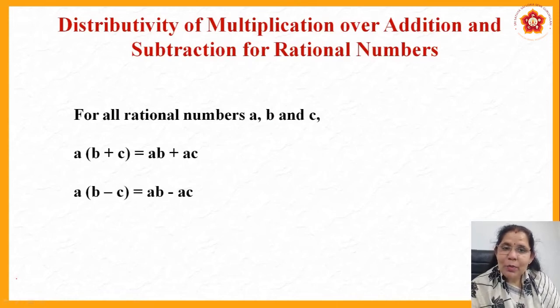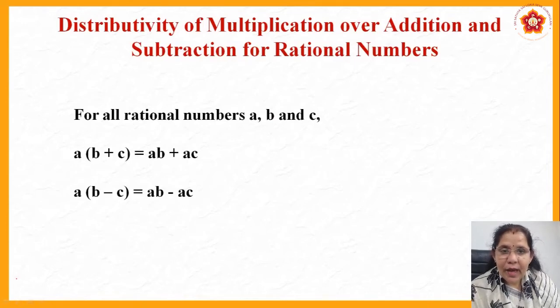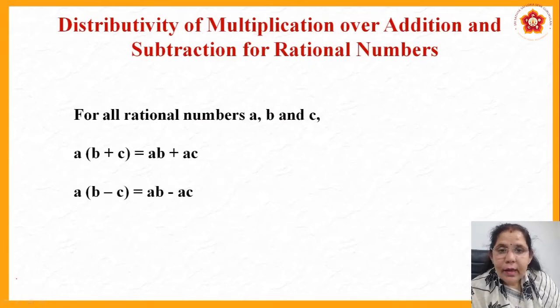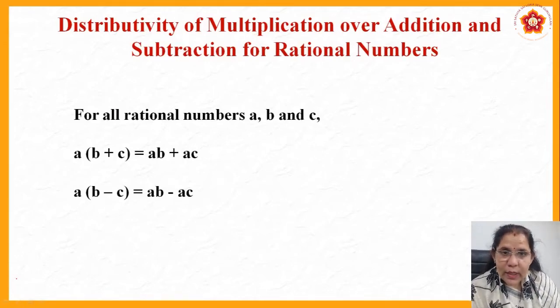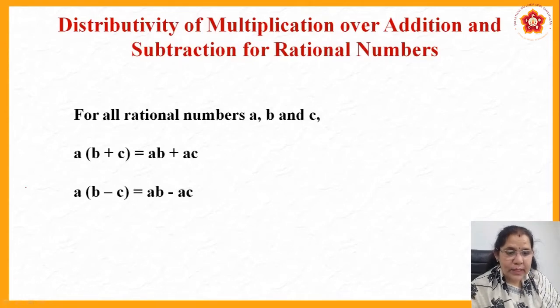So any three rational numbers A, B and C, if we add B plus C and we have to multiply it with A, the sum of B plus C is to be multiplied with A. It can be separately also done as A multiplied by B, add product of A and C to it. So what is it? It is A into B plus C is equal to AB plus AC. The brackets have been opened here.